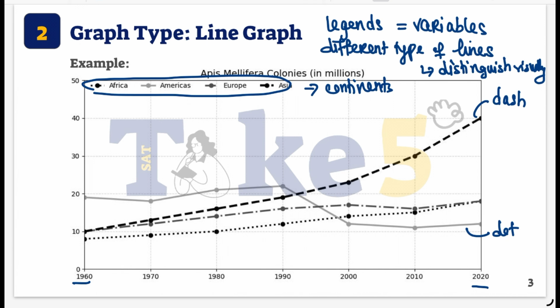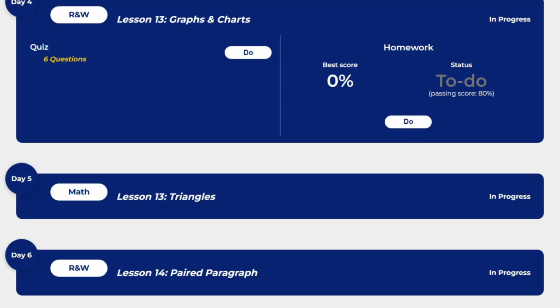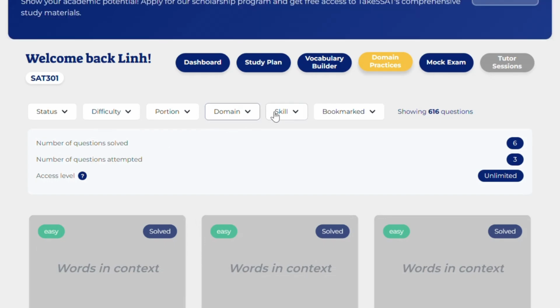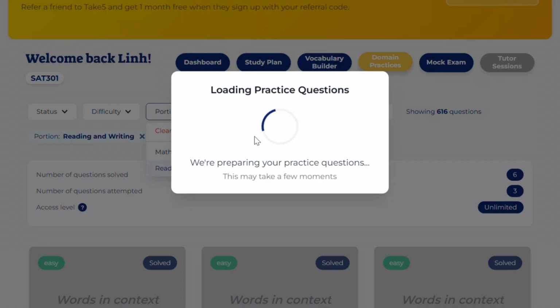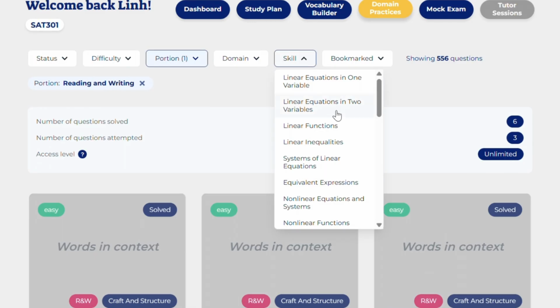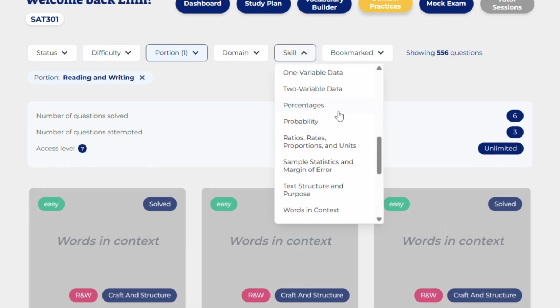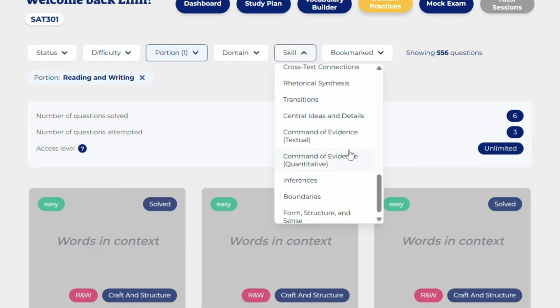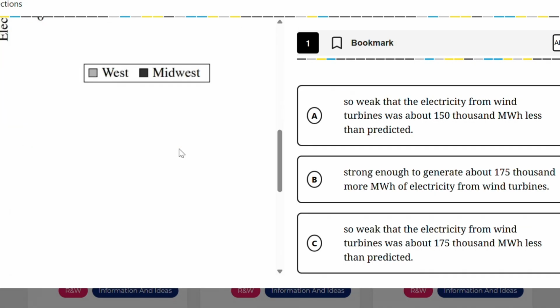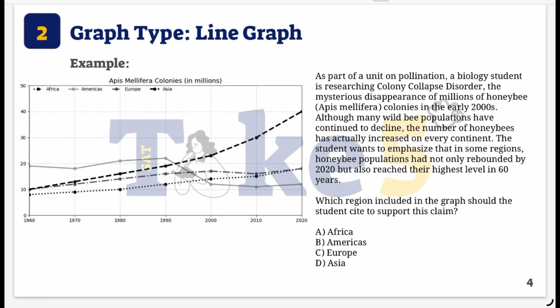With enough practice by doing the quiz and the homework in this study plan, as well as coupling with the domain practice and the mock exams in the Take5 study plan, you will get the hang of some familiar graphs like line graph, bar chart, table, etc., as well as some more quirky types. More important than understanding how the data is presented is knowing what we are looking for.